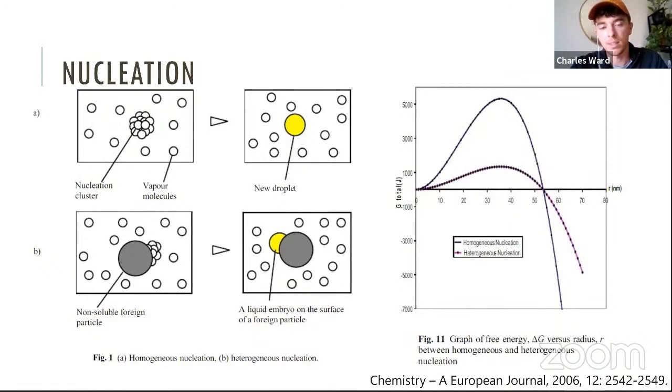It's the same thing, except it happens on the surface, which is desirable in my case. The right-hand side shows a plot of this proposed energy barrier. It shows that heterogeneous nucleation is more likely, which is good for me because, due to this energy barrier gap, it's much easier to overcome in the case of heterogeneous nucleation.